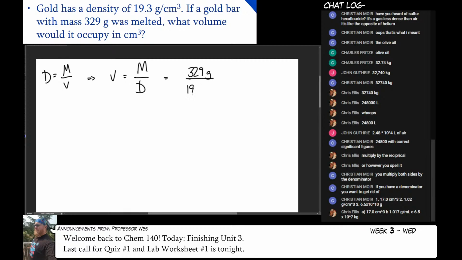Its density is 19.3 grams per cubic centimeter. And so the volume that we would have would be just 17 cubic centimeters, which is not very much, believe it or not.